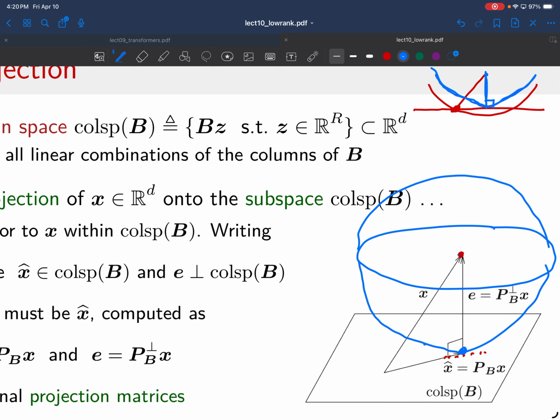I don't know if this is convincing, but the closest point in the plane is going to be at a right angle to the subspace that you're approximating into. And so that's where we get this idea of orthogonality.